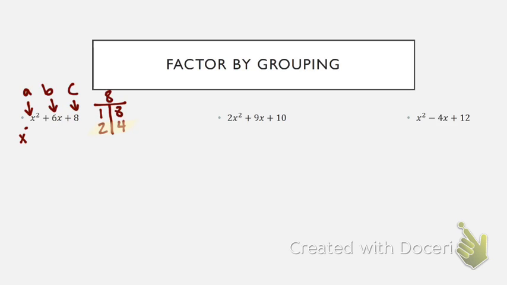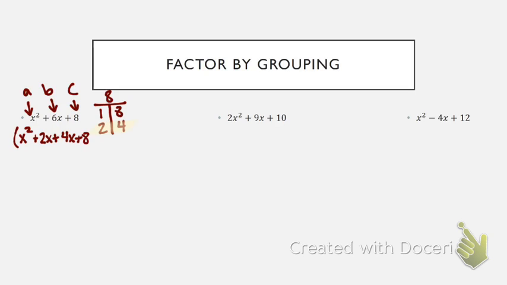Now I'm going to rewrite 6x. Instead of 6x, I'm going to put plus 2x plus 4x, plus 8. So I took 6x and broke it up into 2x and 4x because those are the two factors I chose from my factor tree. I haven't changed my equation at all. I've just rewritten 6x as 2x plus 4x.